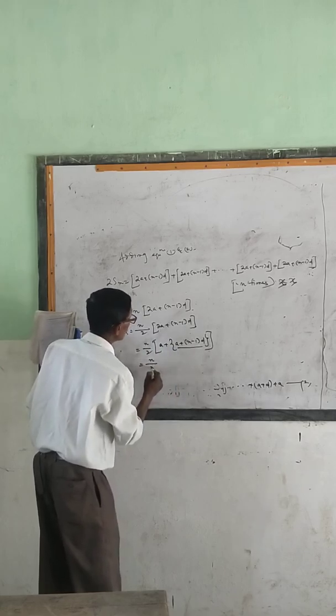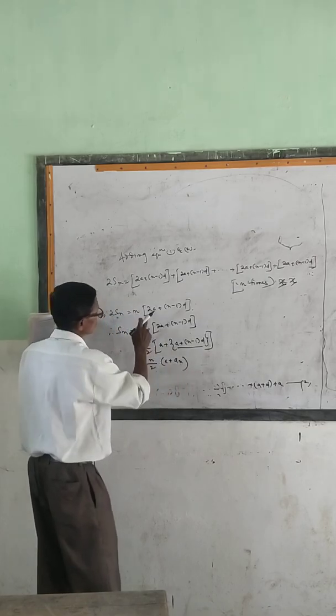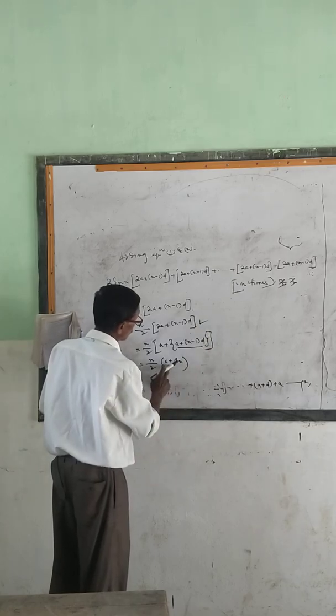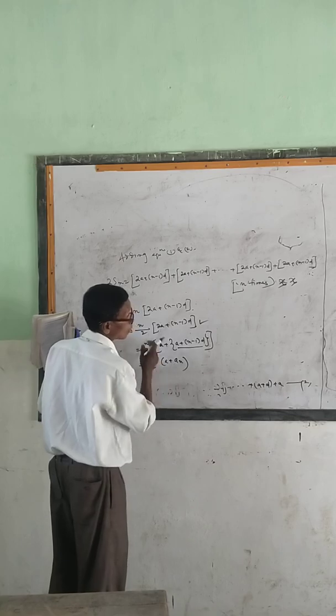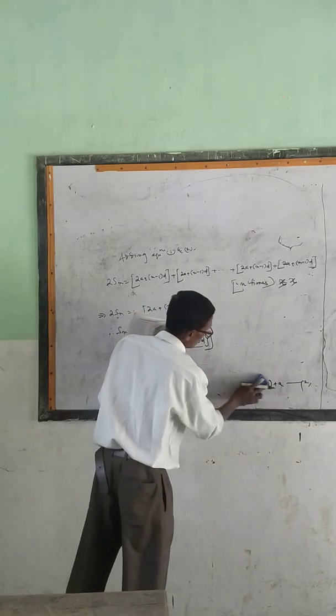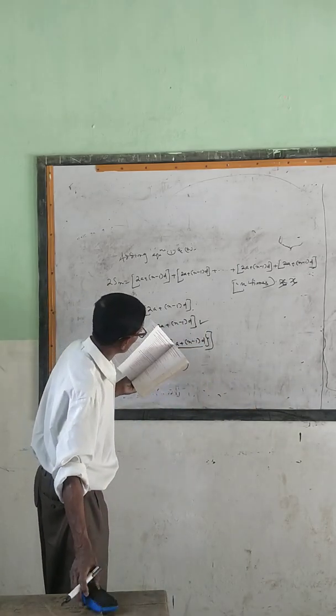So Sn equals n by 2 times (a plus an). For the first question we will finish here. Sometimes they ask this as a multiple-part question for 2 marks, so you have to know it. This is very important from the examination point of view.